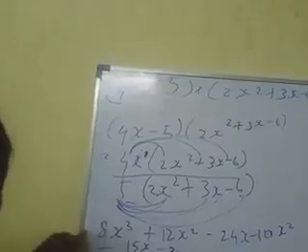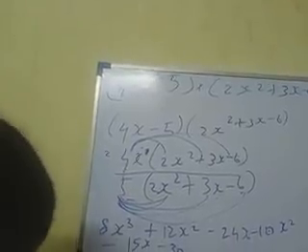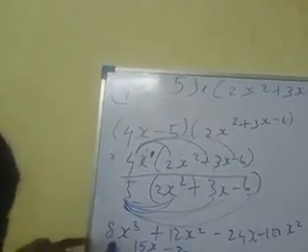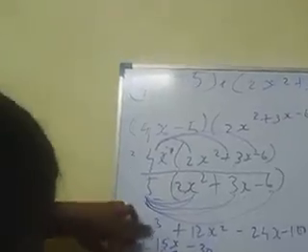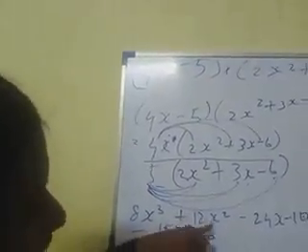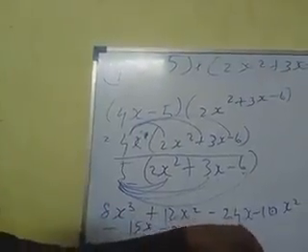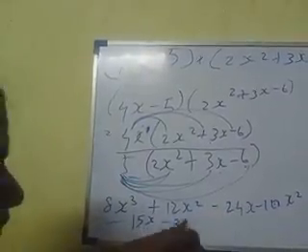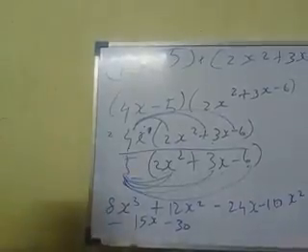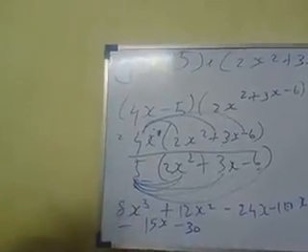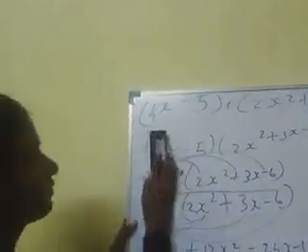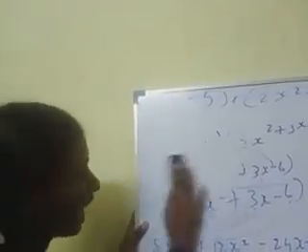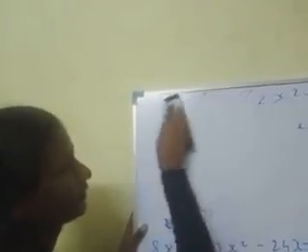And let's solve this sum. 8x³ plus 12x² minus 24x minus 10x² minus 15x minus 30. We want to solve this and simplify it. I'm running out of space, so I'm wrapping this.